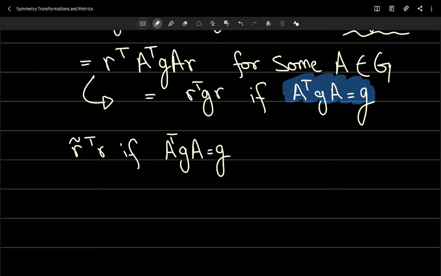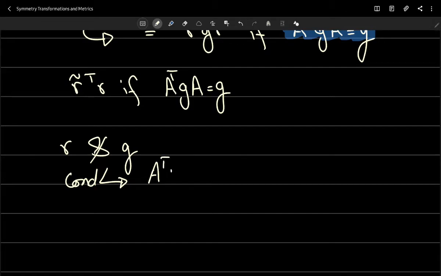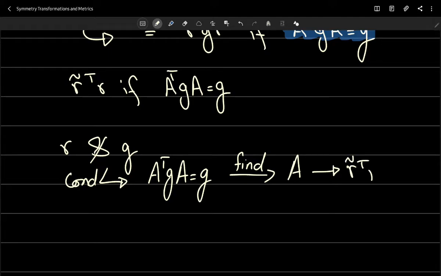Right. But you could even turn this around and you could say that given a representation R and a matrix that is G, we can use the condition, and the condition is A transpose G A is equal to G. We can use this condition and find the transformations that are A, which are going to leave R tilde transpose R as an invariant, right?